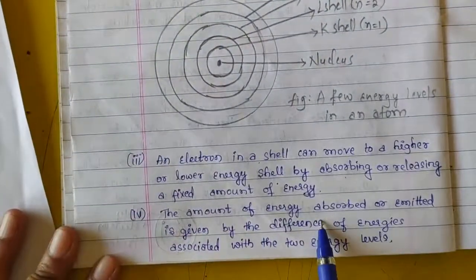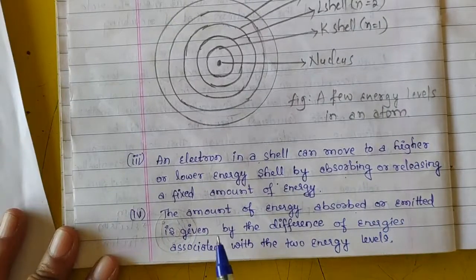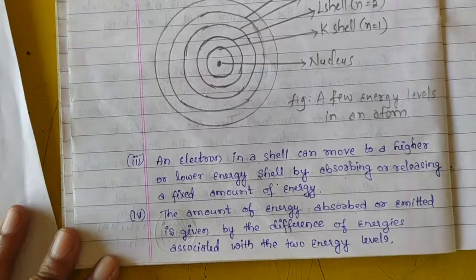The amount of energy absorbed or emitted is given by the difference of energies associated with the two levels.